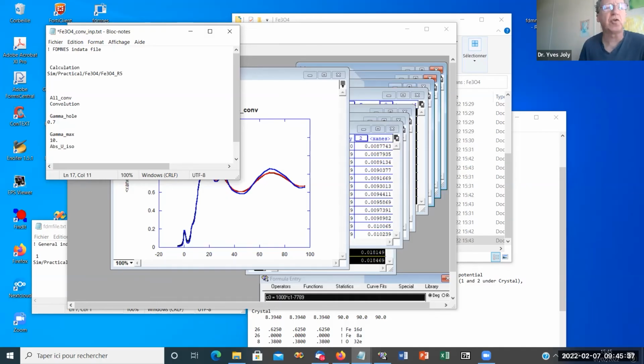So it's the isotropic thermal displacement, and if you wrote this, it's too much because it's in Ångström squared. You could have some thermal effect, but it's a secondary effect, in fact. So these three, gamma hole, gamma max, and apps u iso, can be changed to be closer to the experiment also. Well, this part is more for the publication at the end, when you want to be as close as possible to the experiment.